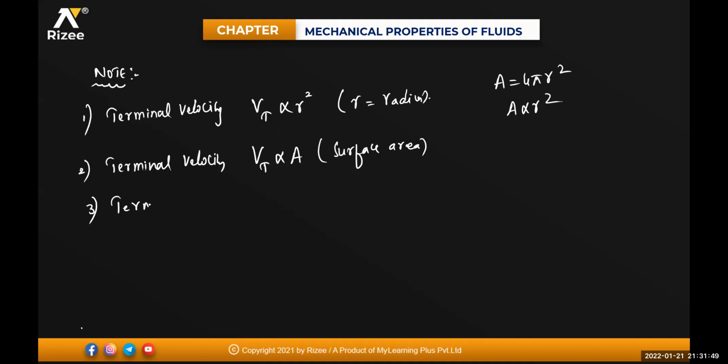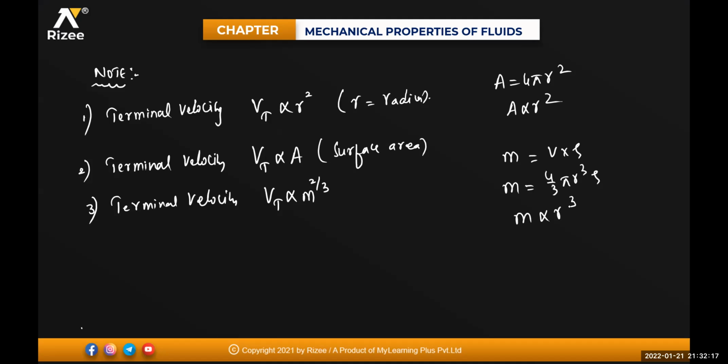The next one is terminal velocity Vt is directly proportional to mass to the power of 2 by 3. Can anyone tell me why? Because mass is equal to volume into density, which is 4 by 3 pi r cube into rho. 4 by 3 is a constant, rho is a constant, so mass is directly proportional to r cube.